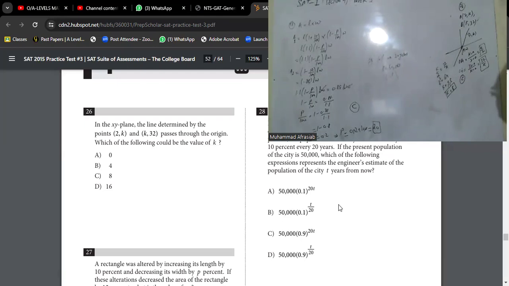Since it decreases by 10% every 20 years, we first find the decreased population.